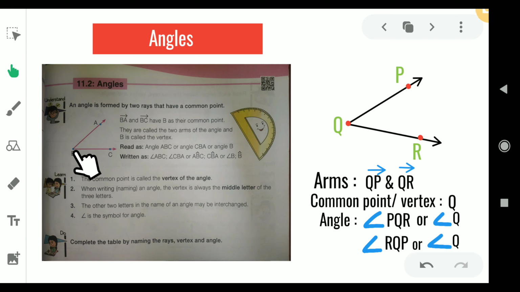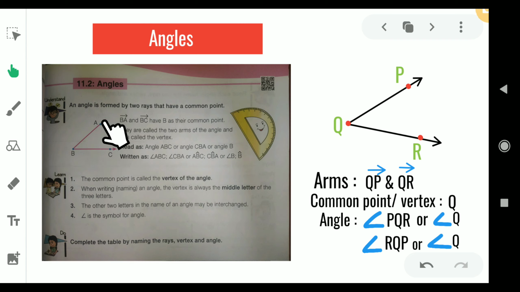Then BA and BC have B as the common point and they are called the arms of the angle. So along with rays, BA can also be called an arm of this angle. Similarly, BC is the other arm of this angle. So what are the arms here?